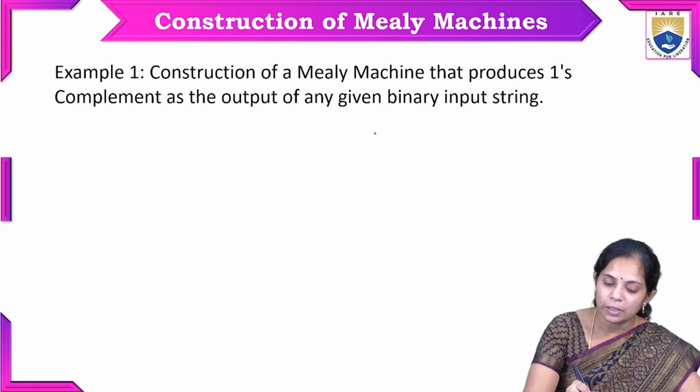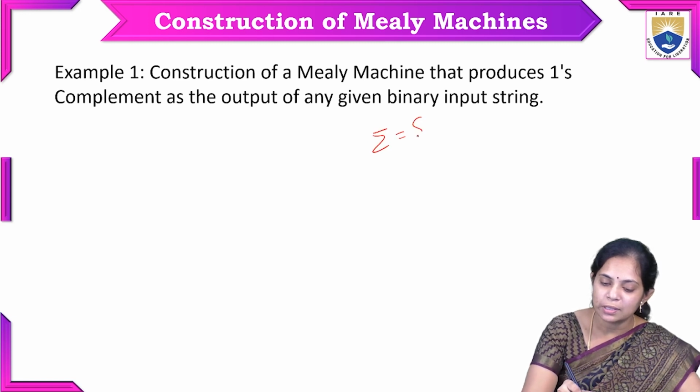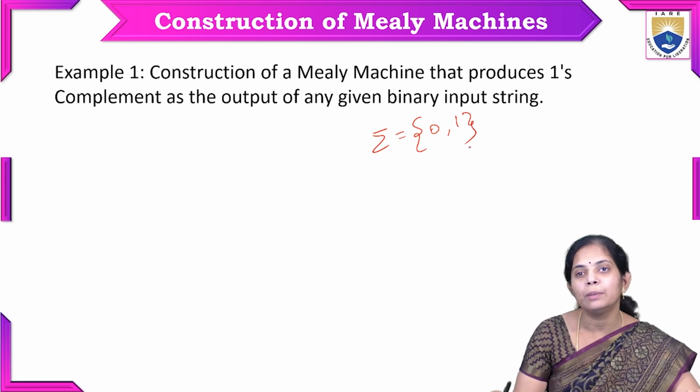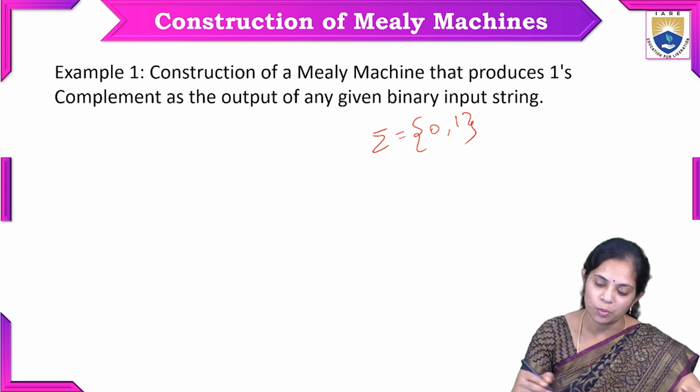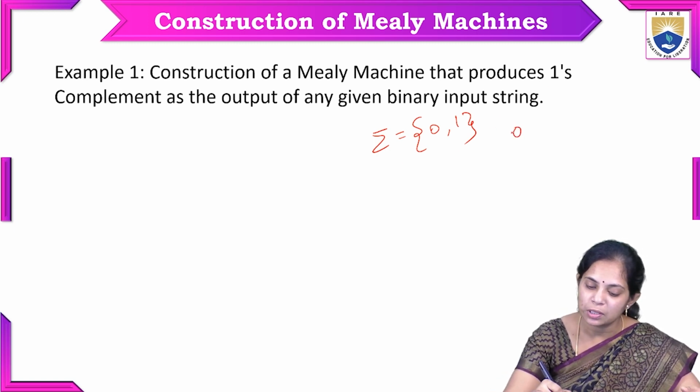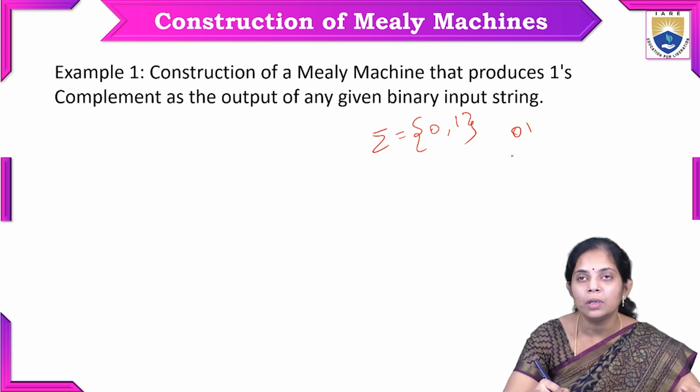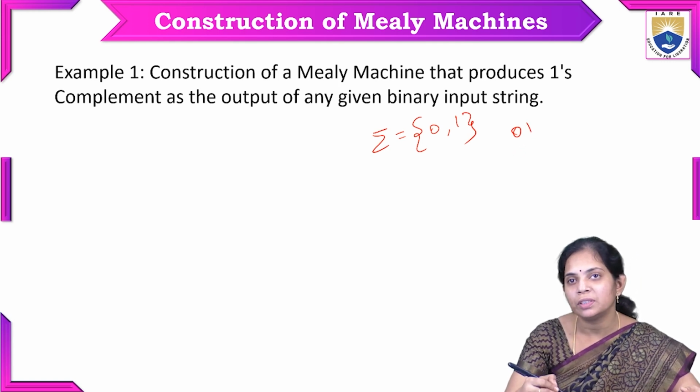Here the alphabet is 0, 1. These are the input symbols which are involved in the construction of the finite automata. If you give any input string, we have to write the one's complement for it. In the sense, we just replace 0 with 1 and 1 with 0.